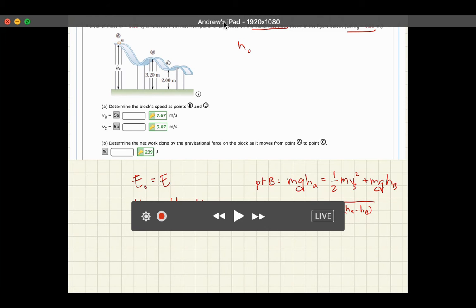Yep, square root of that. And then for point C, it would be the same setup, but my v would be the square root of 2g times (HA minus HC). It's a pretty straightforward problem there.